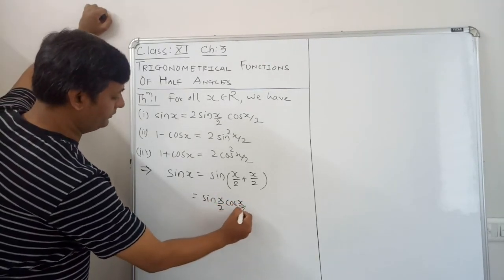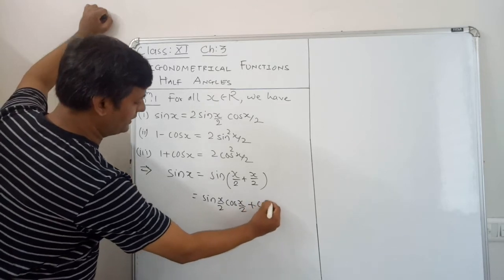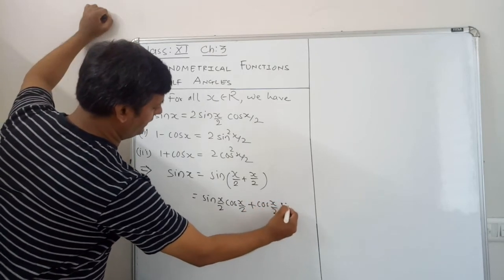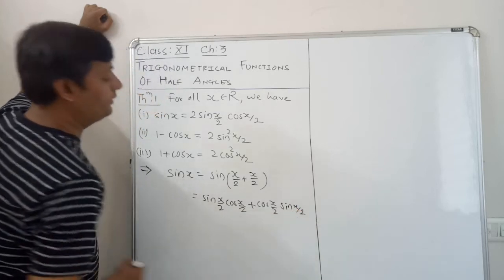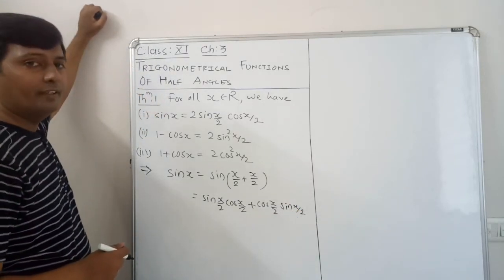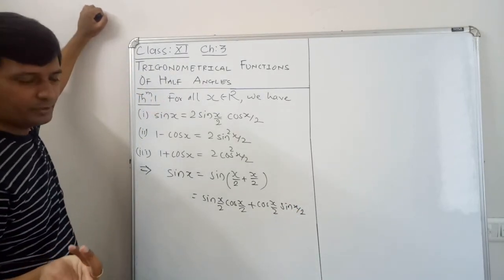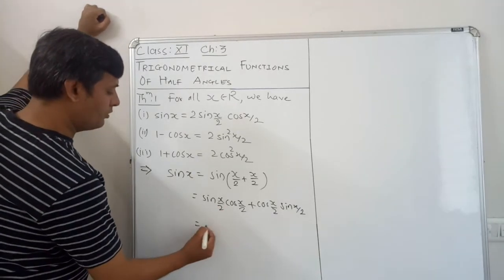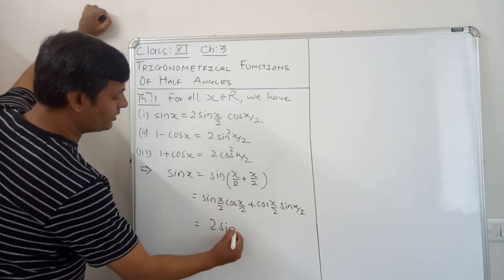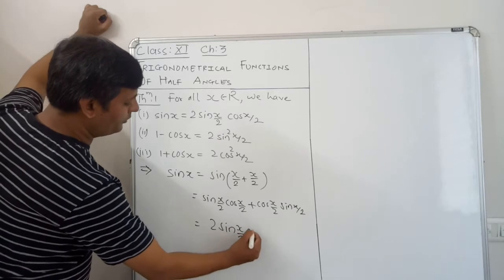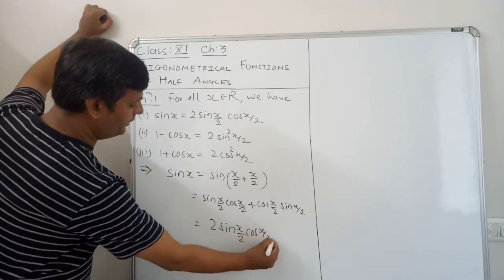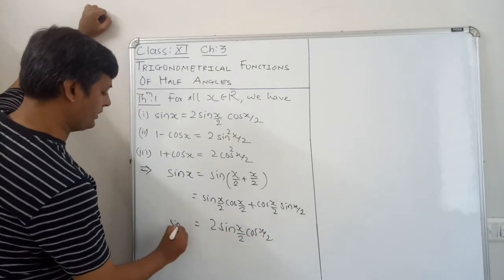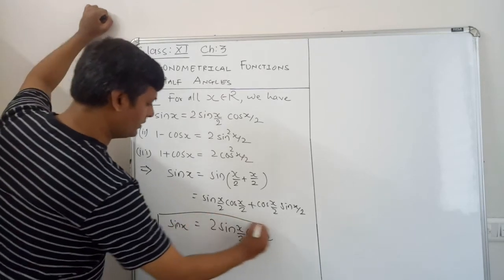Then both are x by 2, so how many times? 2 times sin x by 2 into cos x by 2. So it is sin x. Clear? So this is the formula.